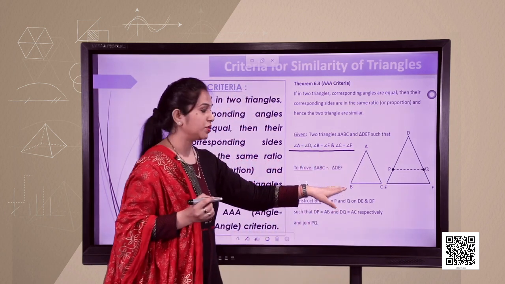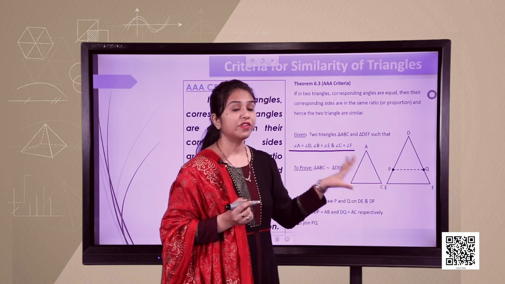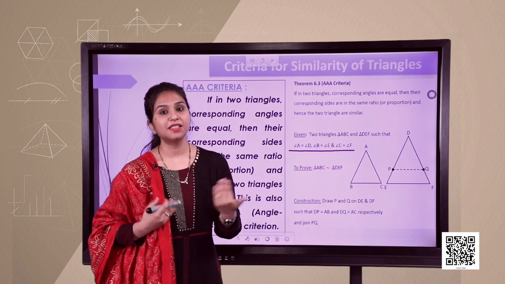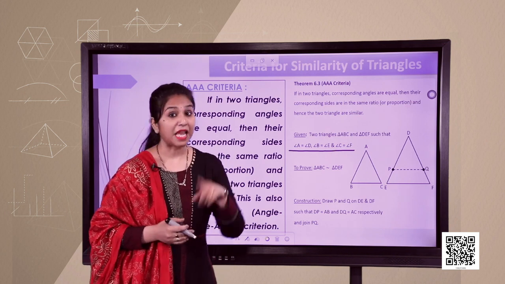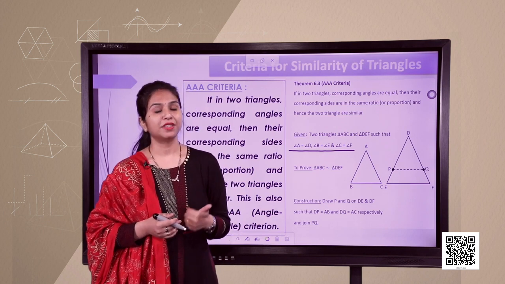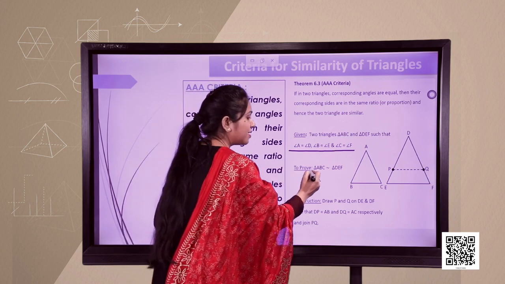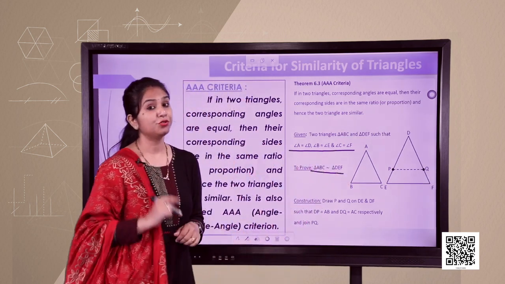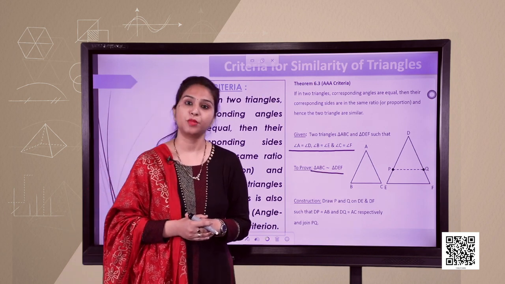Angle B is equal to angle E and angle C is equal to angle F. So, with this condition that the three angles are equal, we need to show that the triangles are similar, and to show the triangles are similar, first you have to show the sides are in proportion.